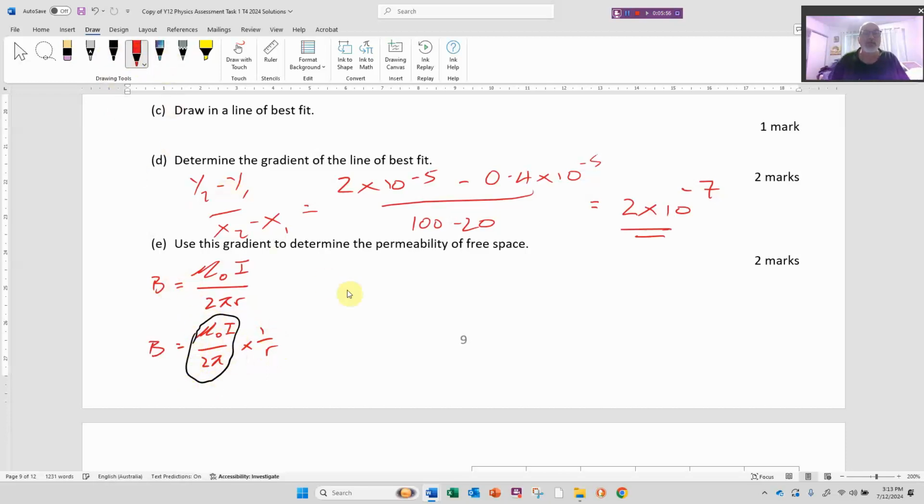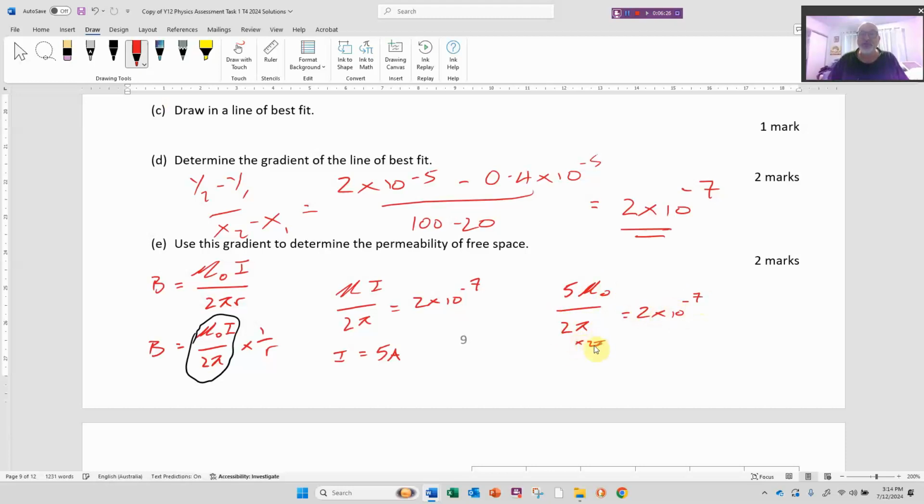So that means that mu naught I over 2 pi must equal 2 by 10 to the negative 7. So rearranging that, we were also told that current equals 5 amps. So that gives us 5 mu naught over 2 pi equals 2 by 10 to the negative 7.